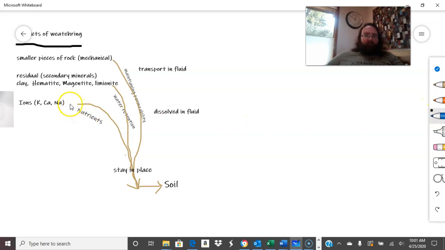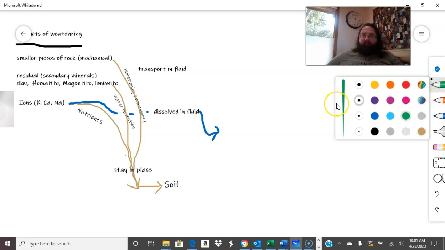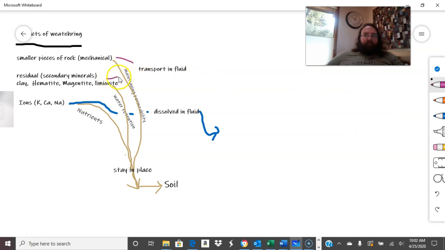We're going to have your little blue line going right through the air, dissolved in fluid. We'll see what happens to those shortly. And we're going to have our pieces of rock and residual minerals be transported in a fluid, by a fluid.